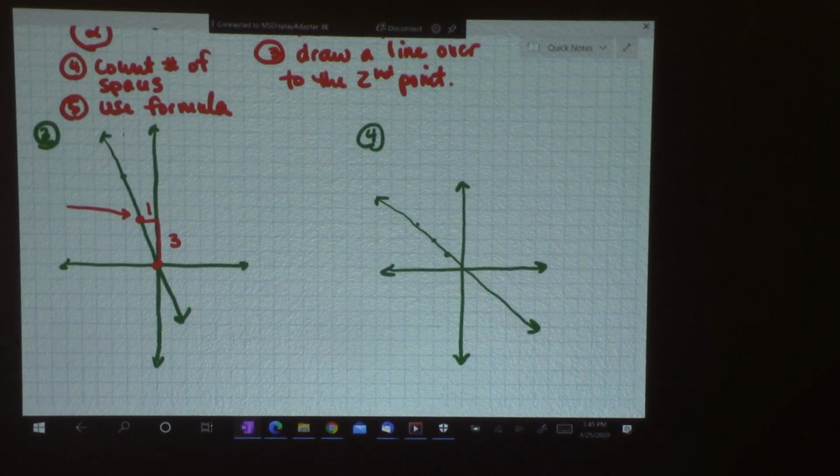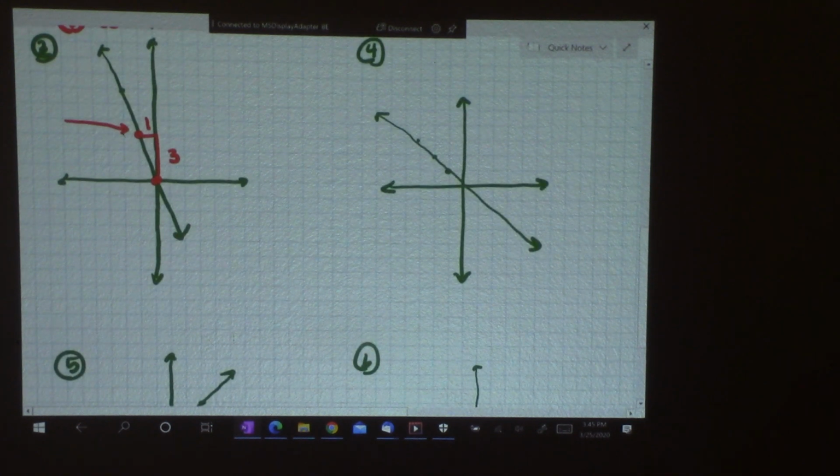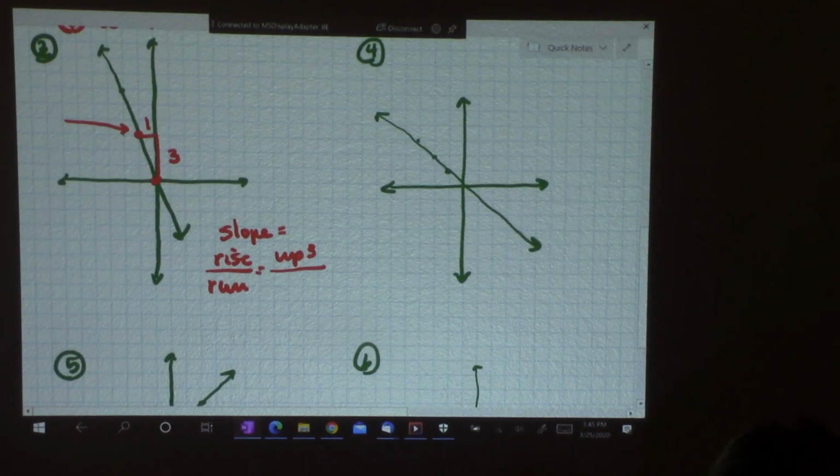Okay, so let's do our formula. Rise over the run. Now, be very careful here. I went up 3. When I'm graphing and I go up, that's positive. If I went down, that would be negative.